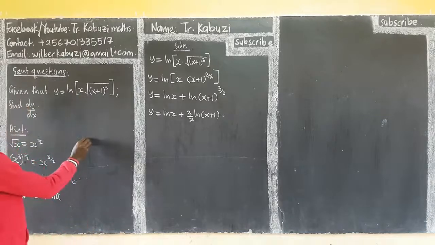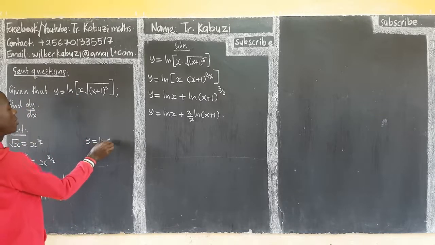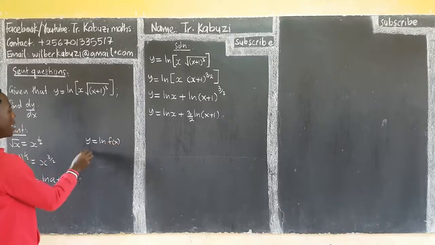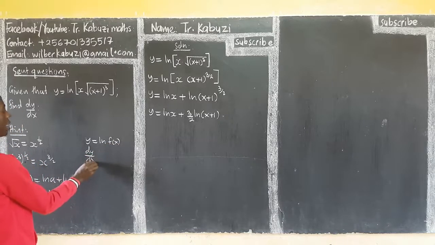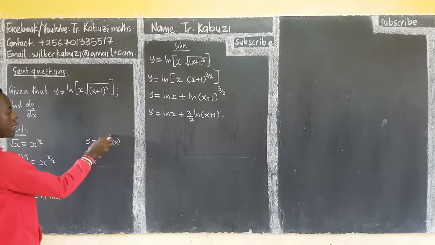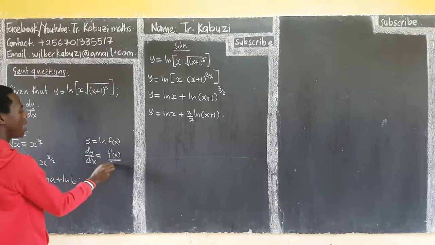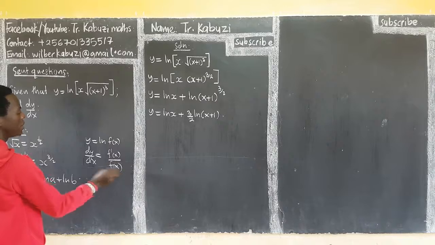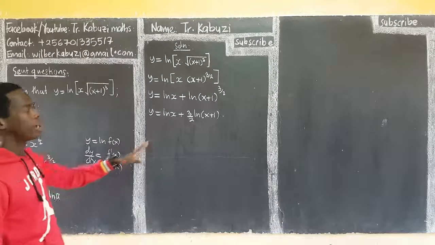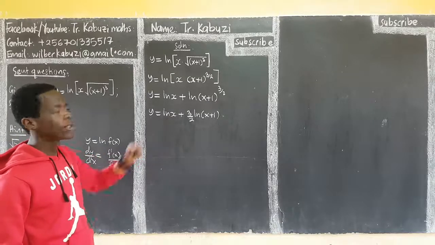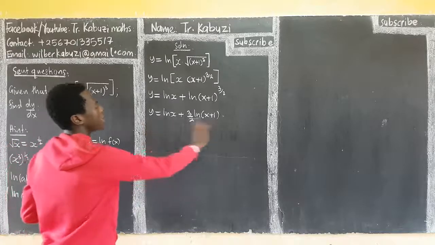So from there, we know how we differentiate the natural log. Remember, we say if y is equal to natural log of a given function, then dy/dx will be the derivative of that function over the original function. That's how we differentiate the natural log. So it's the case we have here. Now I said my function is this. So now I differentiate.